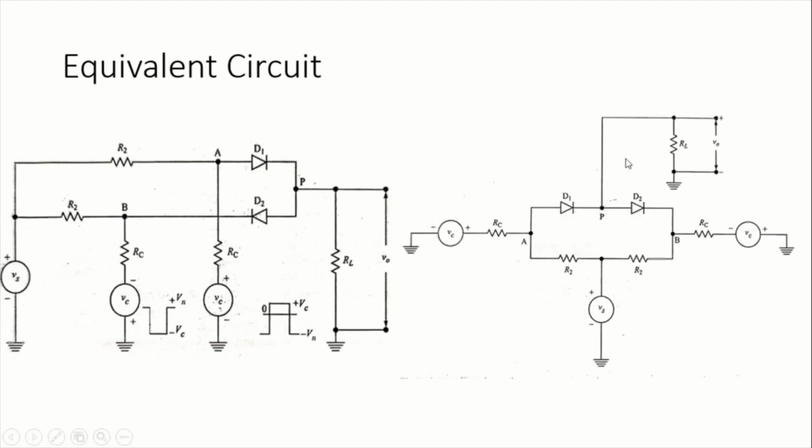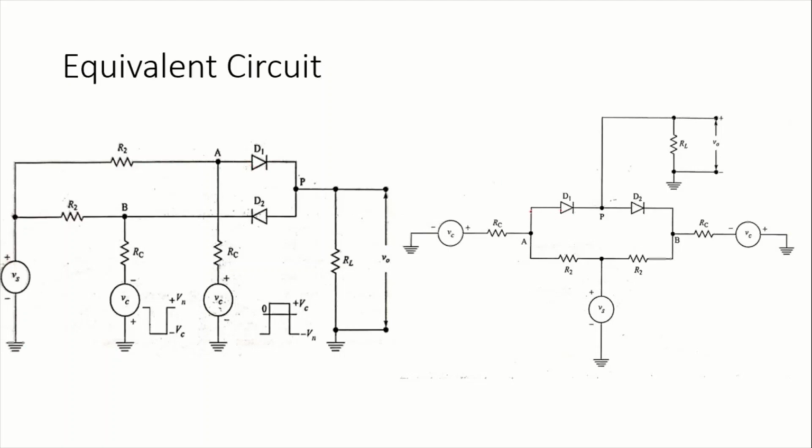From node P, we have a load resistance RL placed like that. Coming to the other nodes, the input signal is connected through resistance R2 to D1 and through R2 to D2.